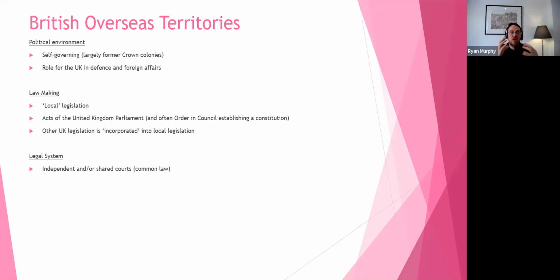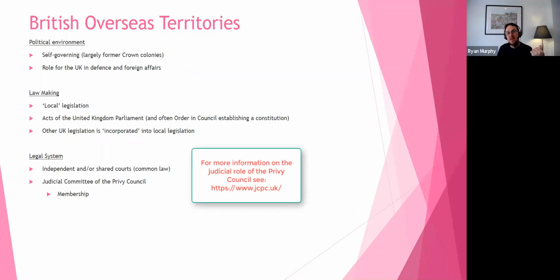So they can share courts between themselves, or there is a shared court with the United Kingdom legal order. So that shared institution that we mentioned right at the start, the most obvious of those shared institutions is the Privy Council. And so you may come across cases that were decided by the Judicial Committee of the Privy Council.